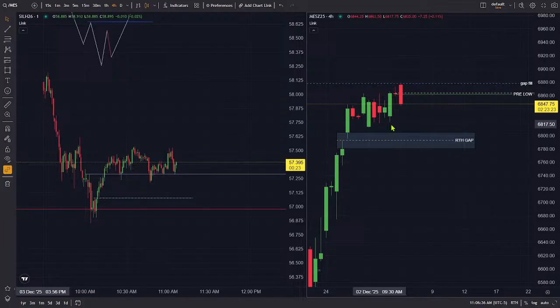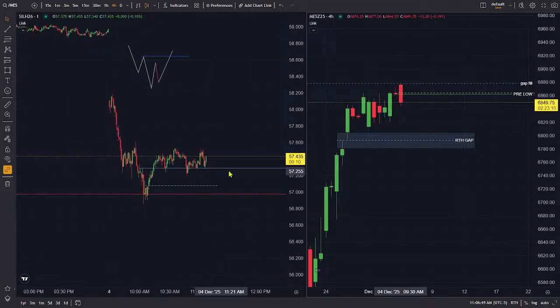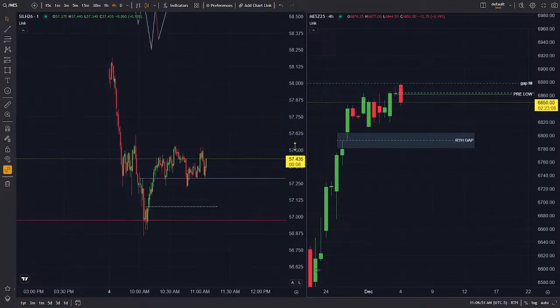So we could be aiming for here. We do have a gap. Have those lows. We filled this gap up here. We could be, or we could just be going to the halfway point of this day and straight back up. Man, I really like those highs in silver.